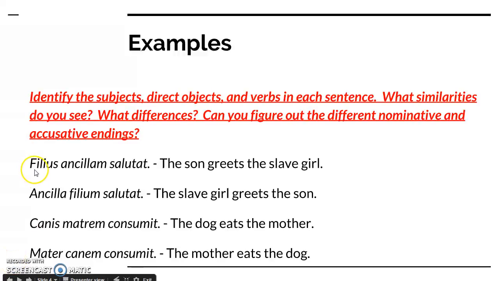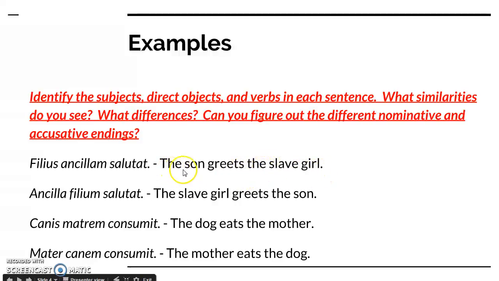Alright, the first sentence, filius ancillam salutat, means the son greets the slave girl. First you have to ask yourself, and you can use this English sentence to start you off, who's doing the action in the sentence? That would be the son. What is the action that he's doing? He is greeting, and who is he greeting? The slave girl.